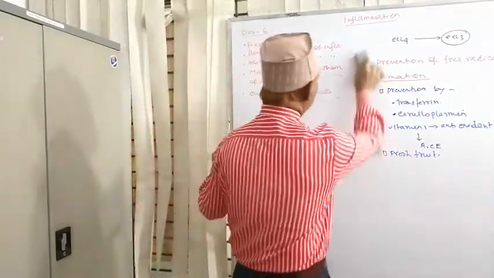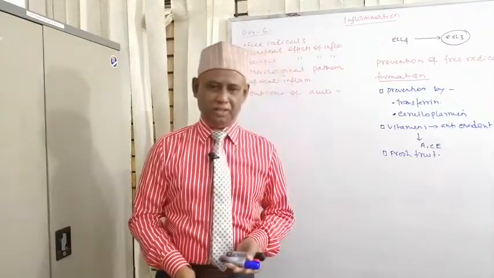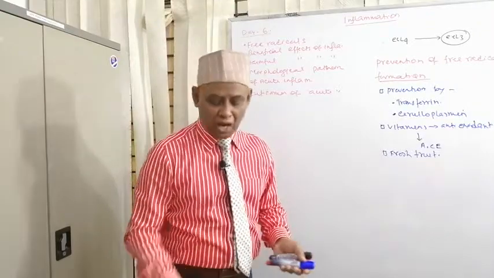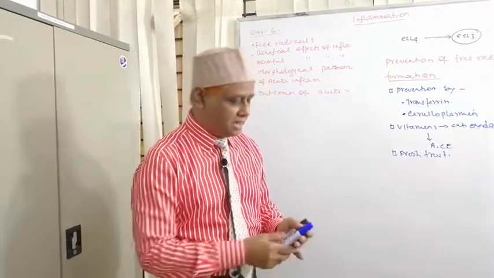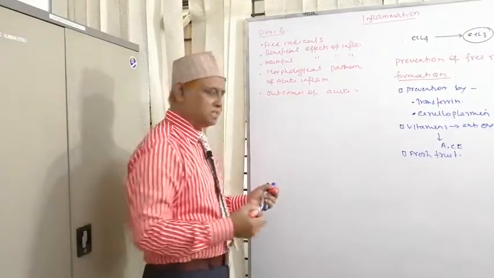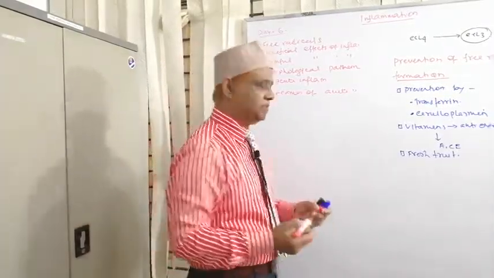Dear audience, this is the way of prevention. Now come to if a free radical is formed in our body, how are the formed free radicals neutralized? Now come to neutralization of free radicals.